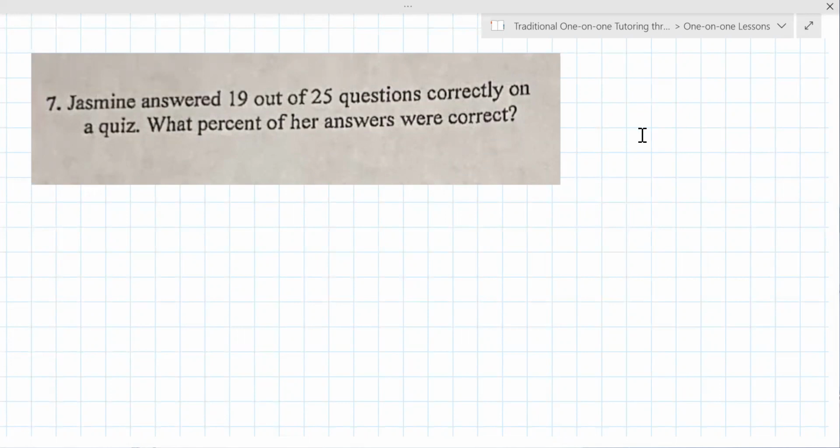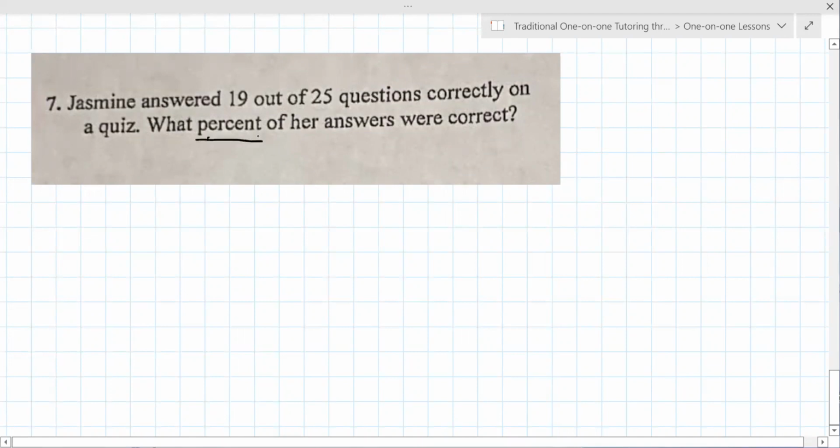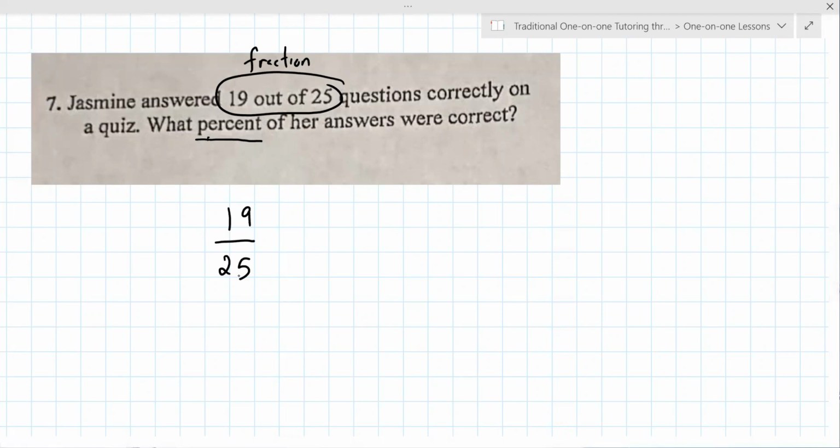So Jasmine answered 19 out of 25 questions correctly on a quiz. What percent? See how they want a percent? And they're giving you a fraction, 19 over 25. You kind of answered this for me on the last problem, but how do you convert this to a decimal? Because the decimal leads to a percent.